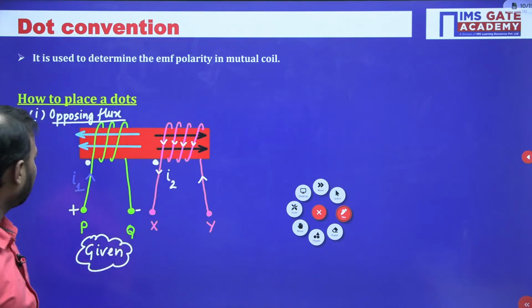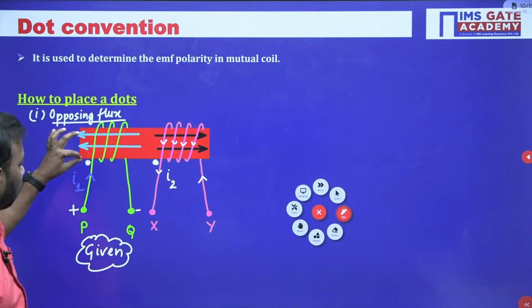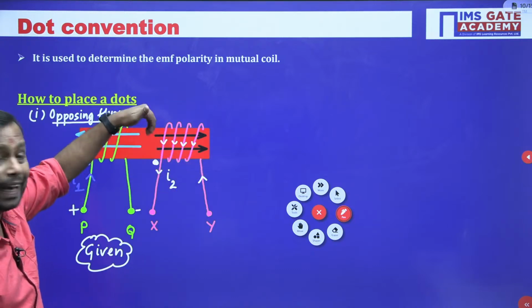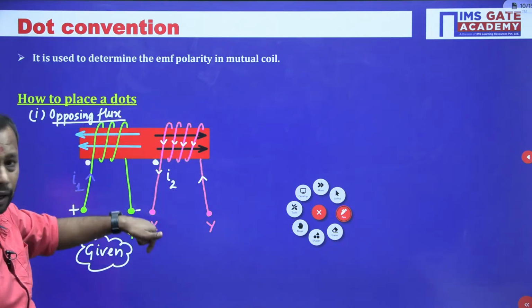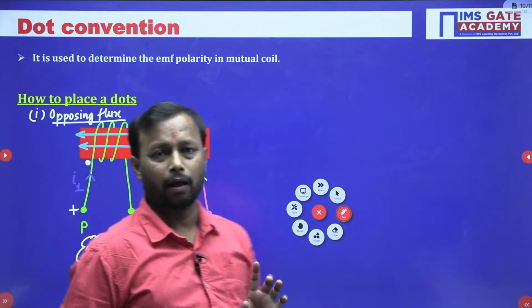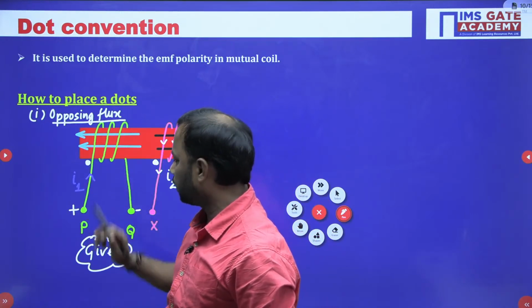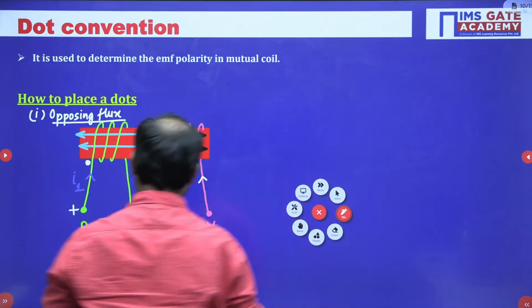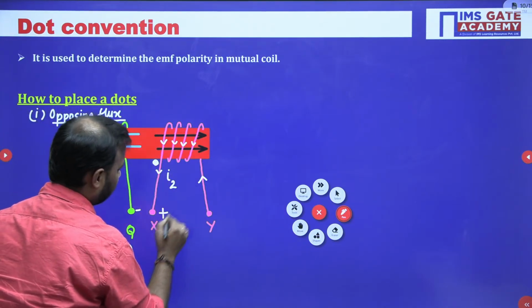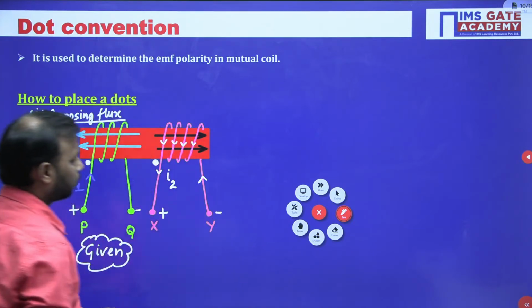Am I clear? मैंने क्या बोला? फर्स्ट कॉइल में करंट एंटर कर रहा है, वहां पे डॉट होगा. तो सेकेंड कॉइल में जहां पे करंट लीव करेगा, that will become the dot. Am I clear? Now my dear friend, we know that in the first coil the dot we have represented as positive. It means that here this dot will be positive and here the other terminal will become automatically negative.